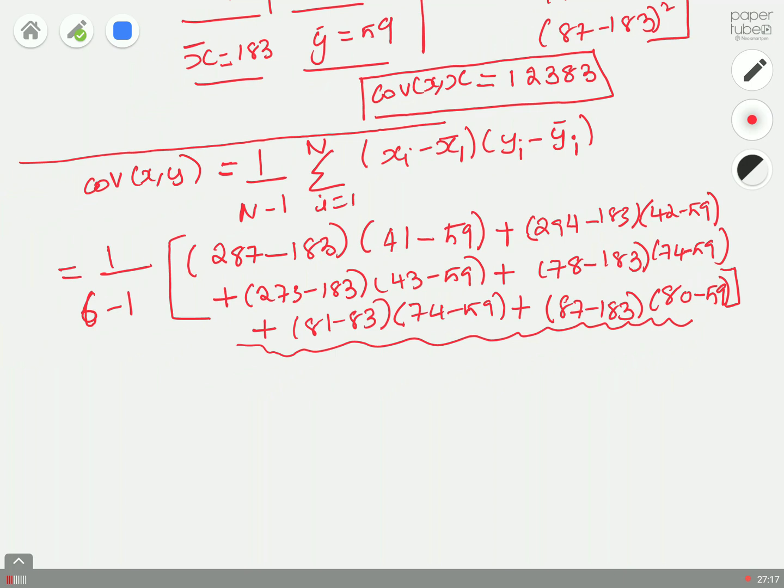So that should give covariance of x comma y, which is also equal to covariance of y comma x. So that should be equal to 352 approximately. Yeah, so check that value. I think so far so good. Now you need to calculate covariance of y comma y.